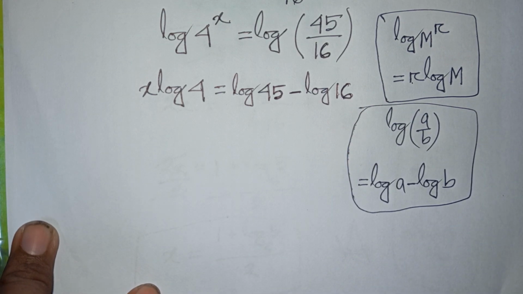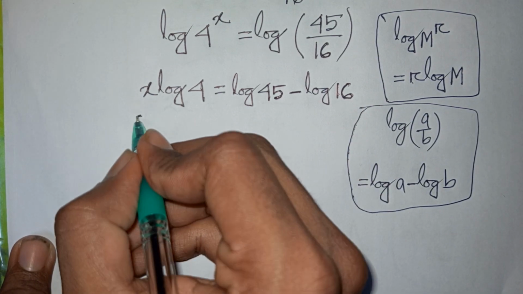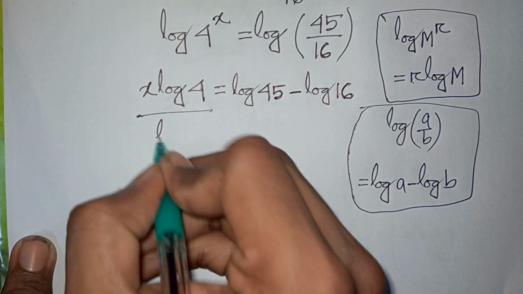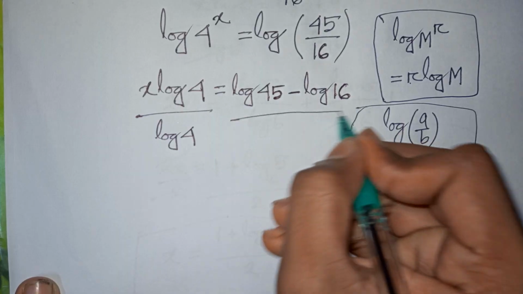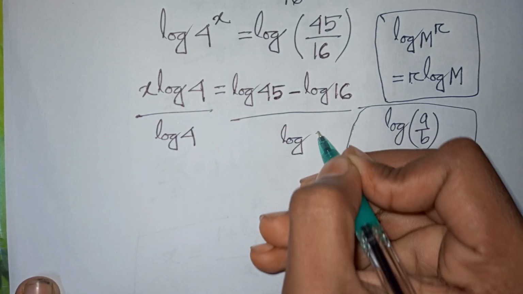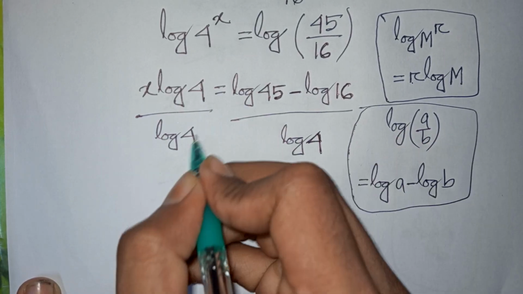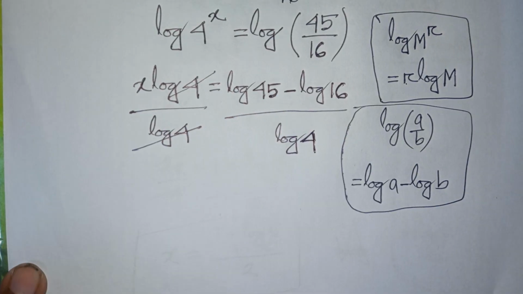Now we need the value of x. So divide by log 4 on both sides. This log 4 will be cancelled.